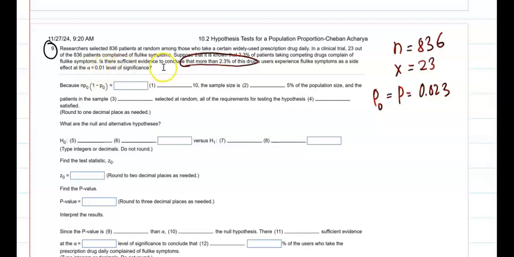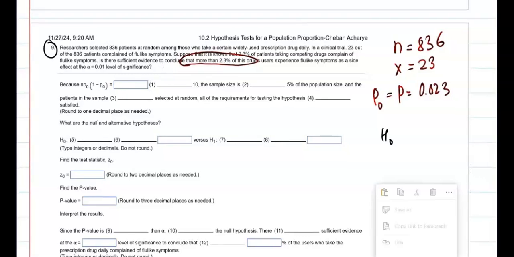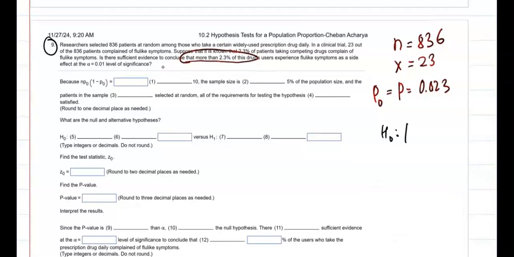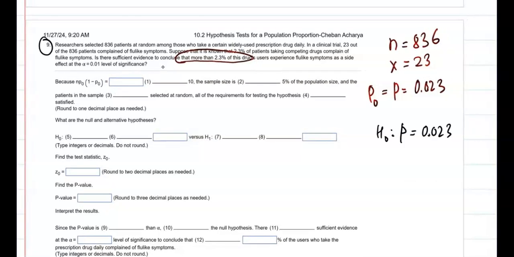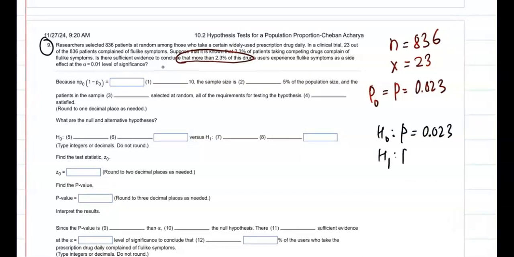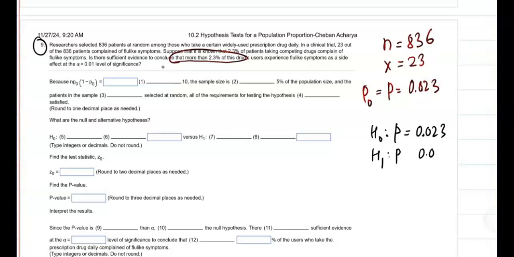Look at the words more than here. Because of more than, this is called a right tail test, greater. That's the question. So if you write the hypotheses, it's going to look like this. H0 null hypothesis, p equals 0.023, and then H1, p is greater than 0.023, the same claimed value, but this here is more than, so you get greater. So this is called a right tail test, by the way.